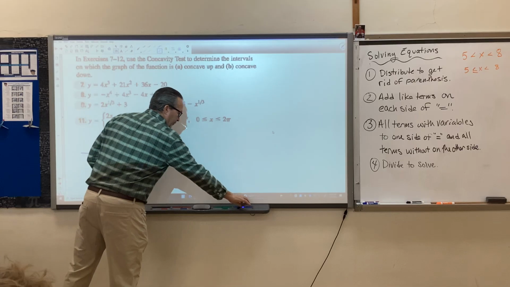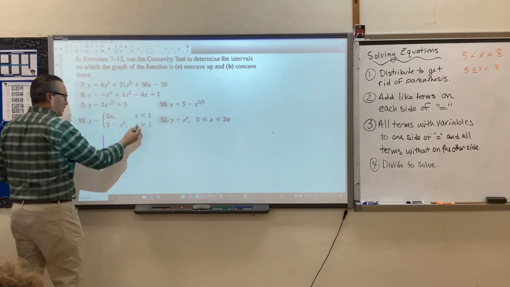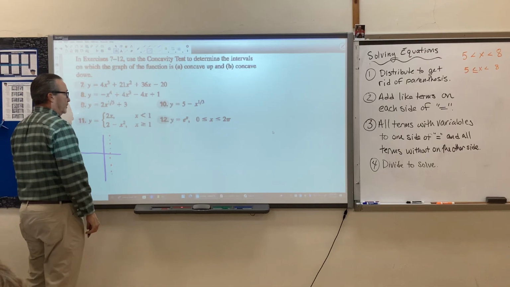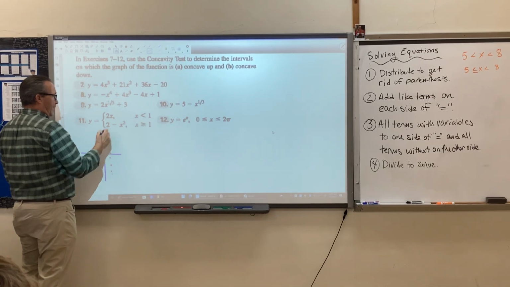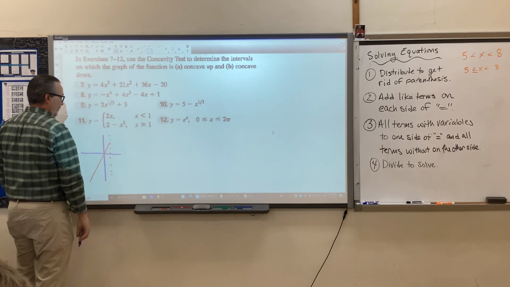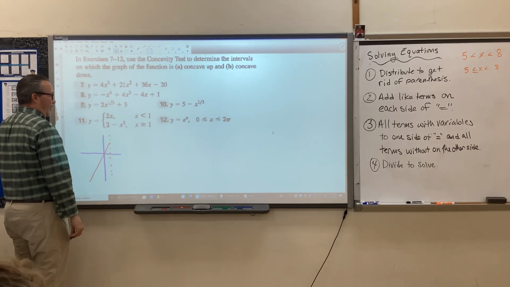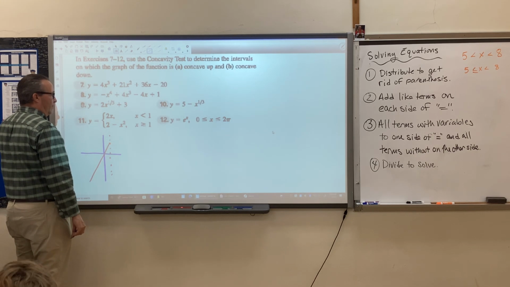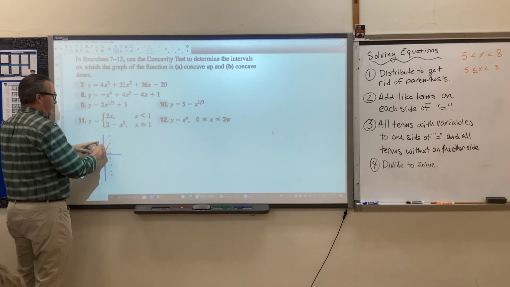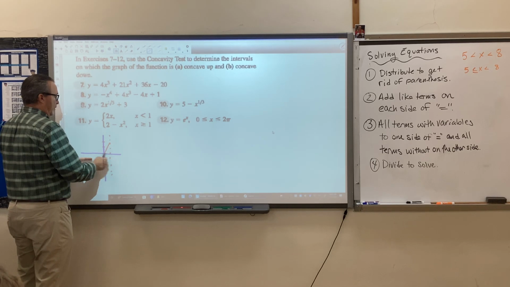So if we graph this thing, it switches from one function to the other at x equals 1. For x less than 1, it's this line y equals 2x, so slope of 2, kind of like that. And then to the right, it's 2 minus x squared, so it's this function.